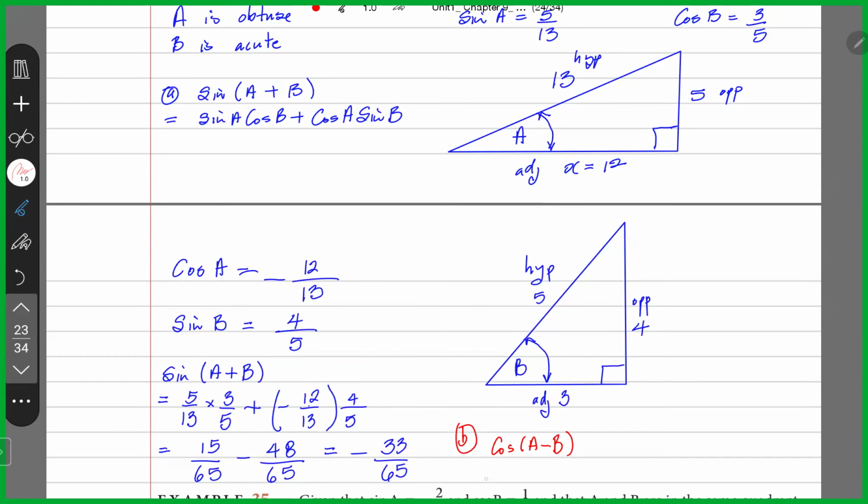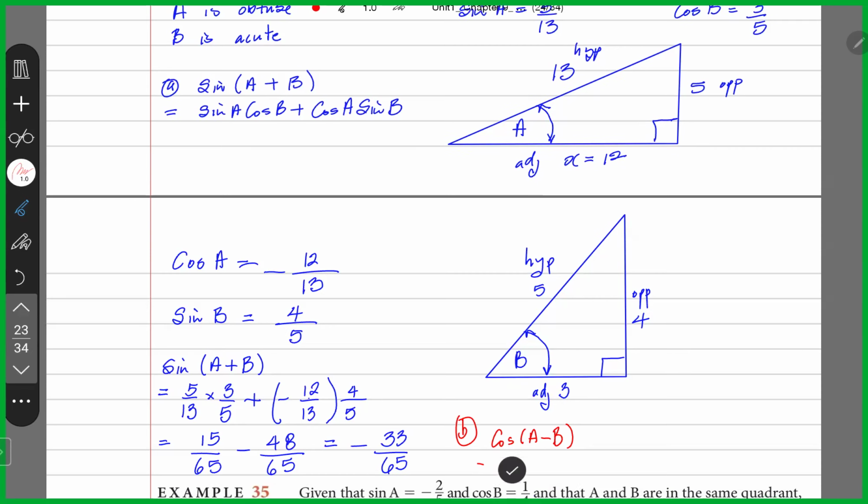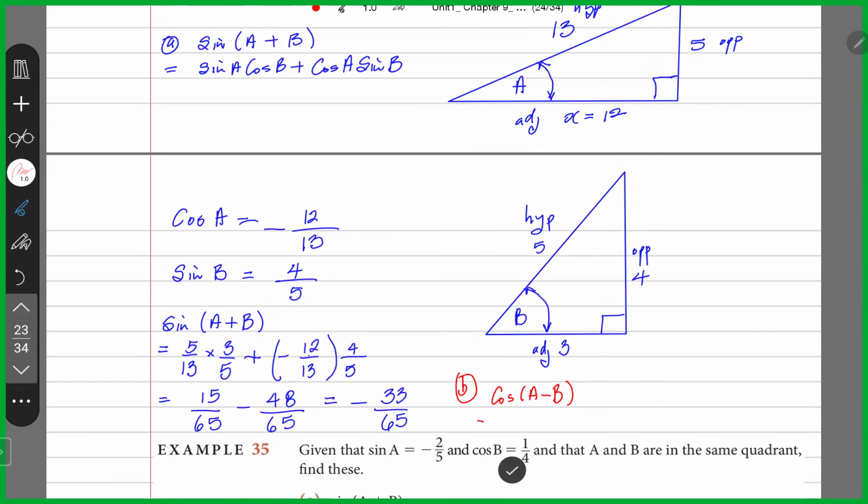So this would be equal to the cosine of A, the cosine of B, plus the sine of A, the sine of B. All right, let's take this up here.